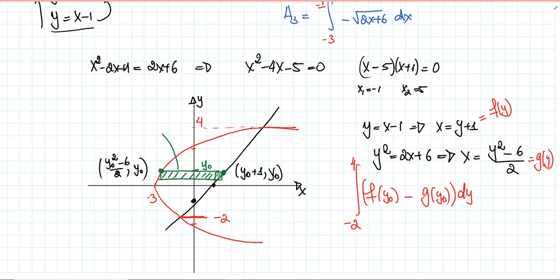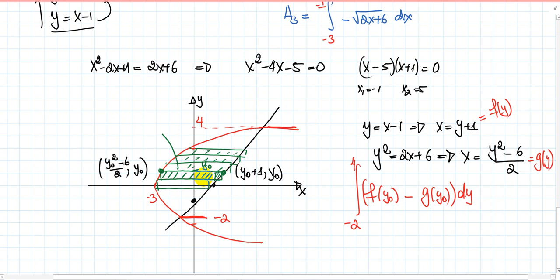So I need to make a lot of rectangles, like this rectangle, or this rectangle, or this rectangle, and so on. For all of the rectangles, the width will be f of y minus g of y, and the height will be delta y.